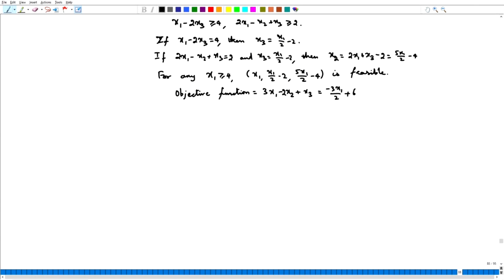So, when you drive x1 to infinity, you will see that the objective function is driven down to minus infinity. That is the reason. I will write that down.